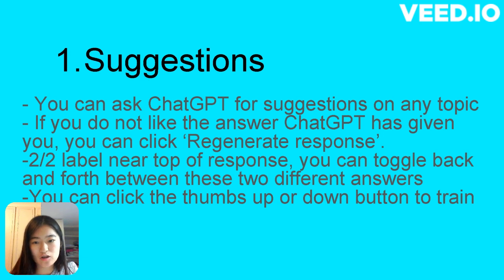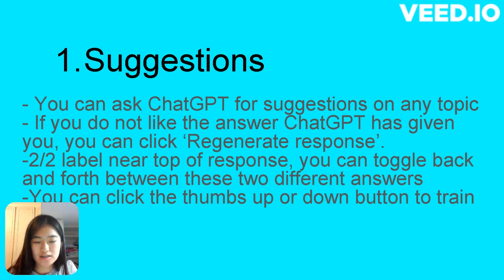And there will also be a label near the top of the response given by the AI, such as 2/2, which in this case means there have been 2 answers generated for this specific prompt, and you can toggle back and forth between these 2 different answers. And if you keep regenerating, you'll have a third answer.